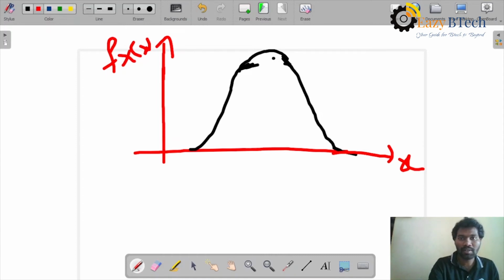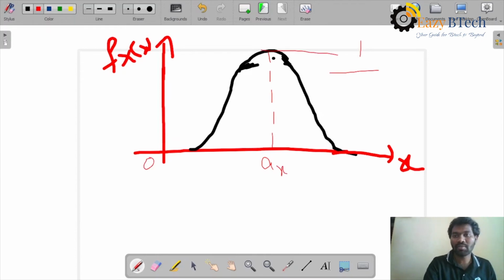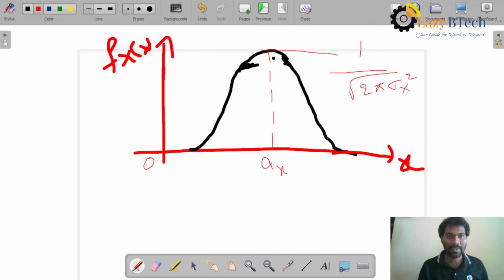It has a max value at x equal to ax, and this is the origin. The max value is equal to 1 by root 2 pi sigma x square. This is the graph or figure.